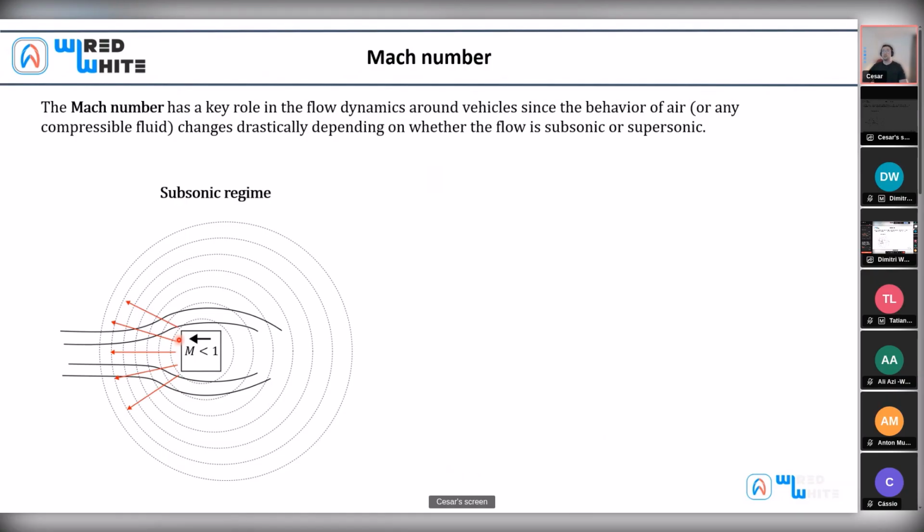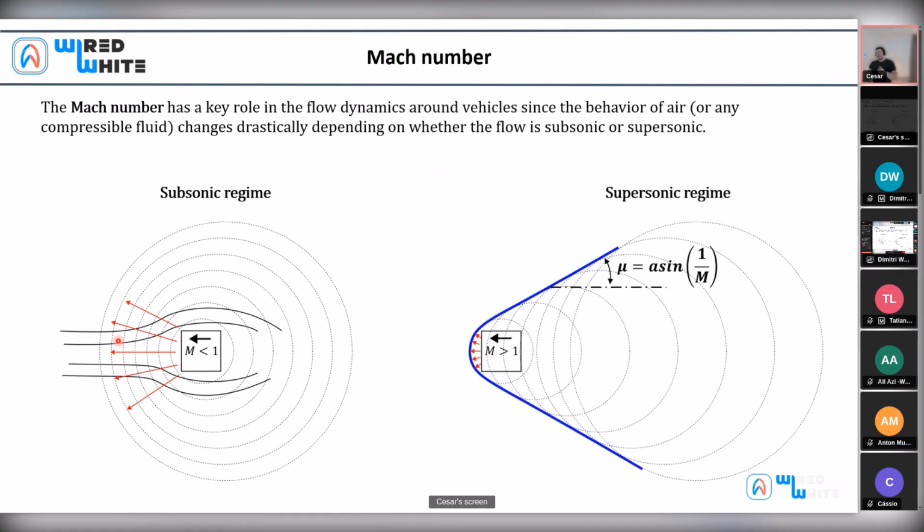Let's assume that we have an object moving at a speed which is lower than the local speed of sound. As this object advances, it will send information upstream in the form of pressure waves, and therefore the incoming flow can sense this object, and therefore it can go around it.